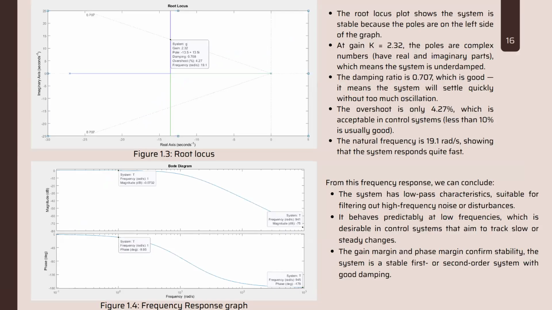The natural frequency is 90.1, showing the system response is quite fast. From our frequency response, using the gain margin and phase margin, we confirm the system is stable with good damping.